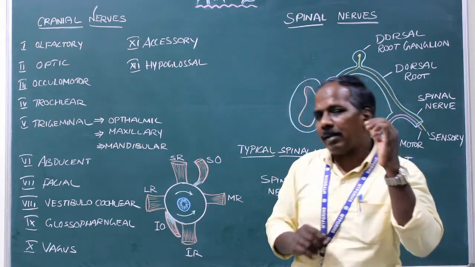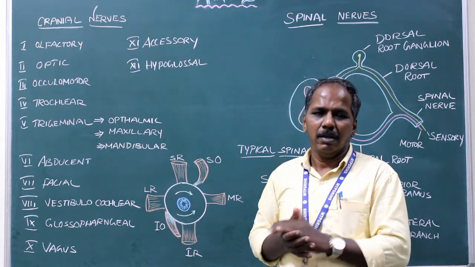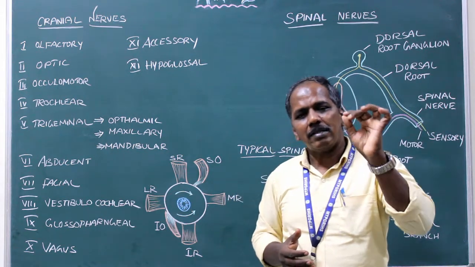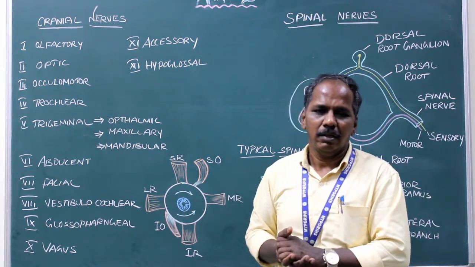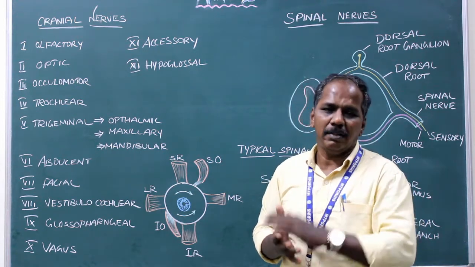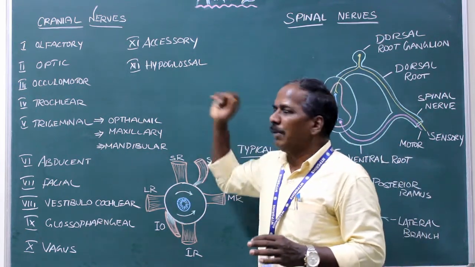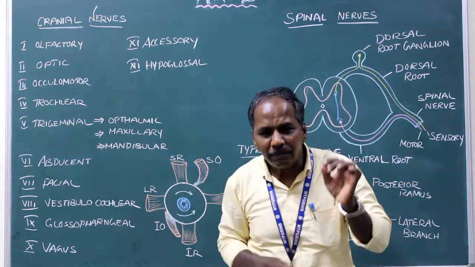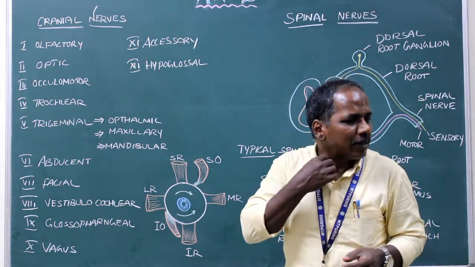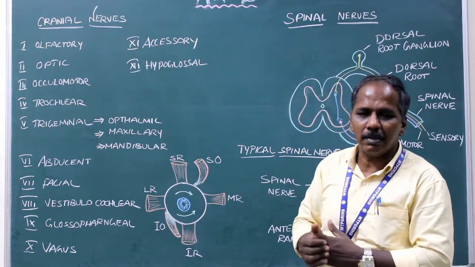The cranial part supplies muscles of the palate, except tensor palati, and the muscles of the pharynx except stylopharyngeus. The spinal part supplies the sternocleidomastoid muscle and the trapezius muscle, the two major neck muscles.